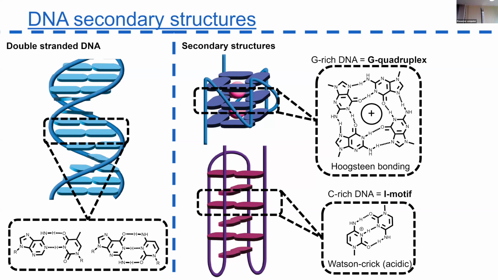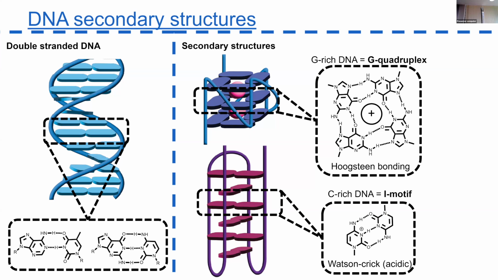For the i-motif, it's a bit more particular. You need acidic conditions in theory. And when you reach these acidic conditions, you have the hemiprotonation of the cytosines, and the intercalation of these motifs goes to form the i-motif.